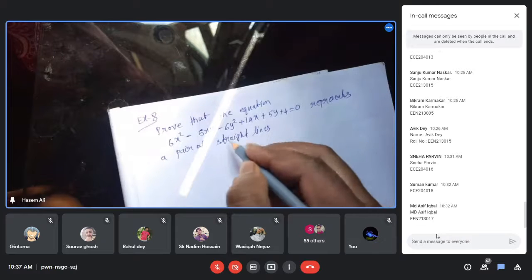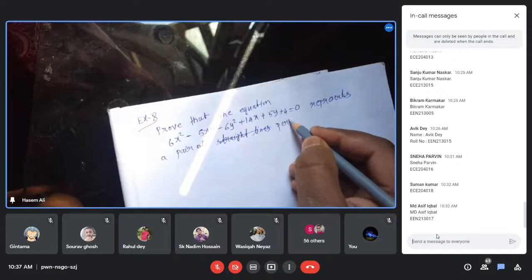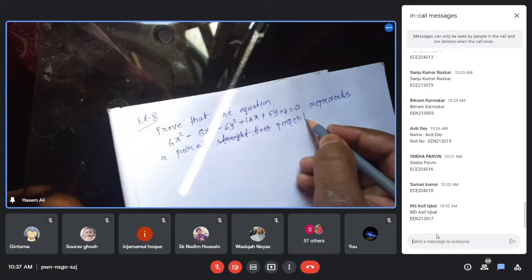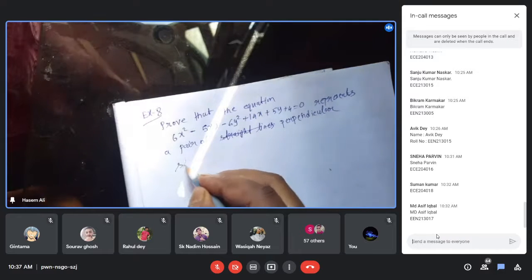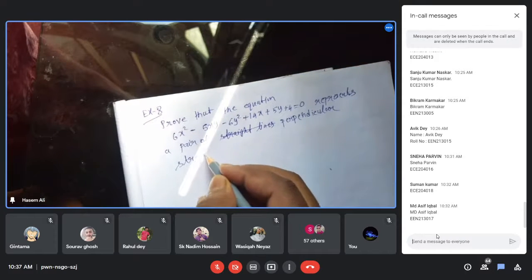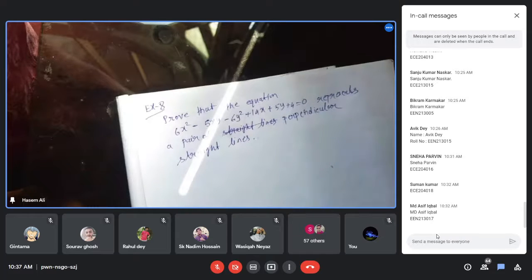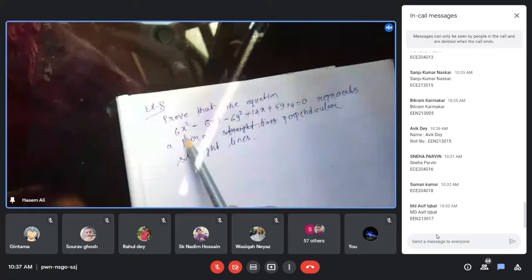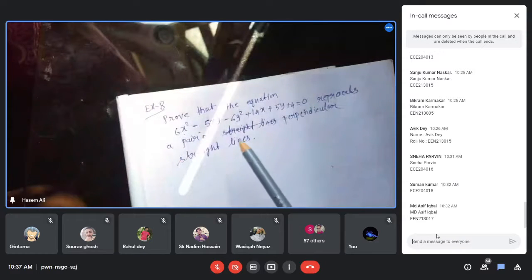Pair of perpendicular straight lines, sorry. First, we have to prove that this equation represents a pair of straight lines, and then that the straight lines are perpendicular.